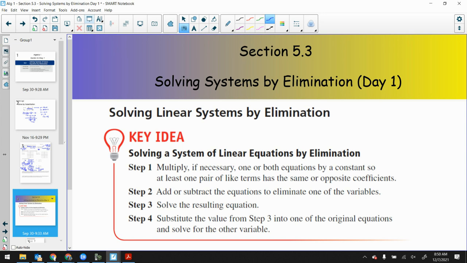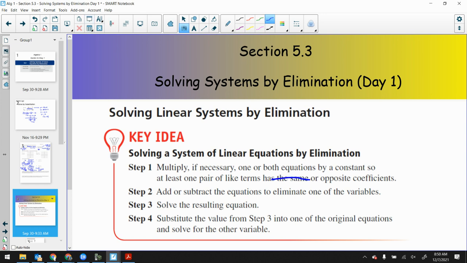First step is we multiply one or both of the equations, and the or both, that's going to be tomorrow. Sometimes it's not even necessary at all. We're going to multiply, if necessary, one or both of the equations by a constant so at least one pair of like terms is the opposite.